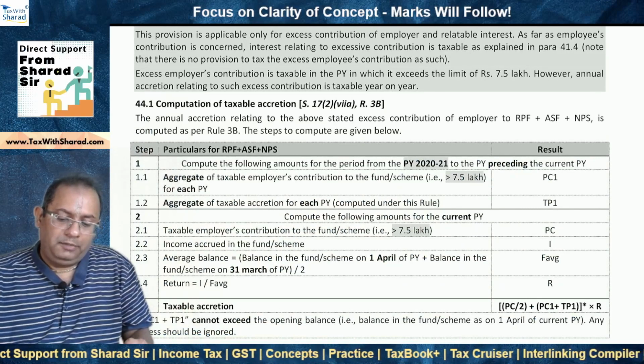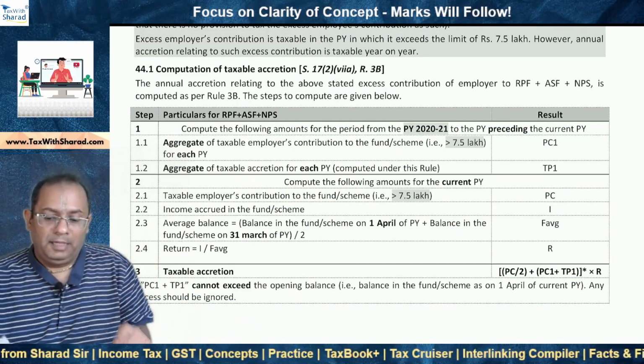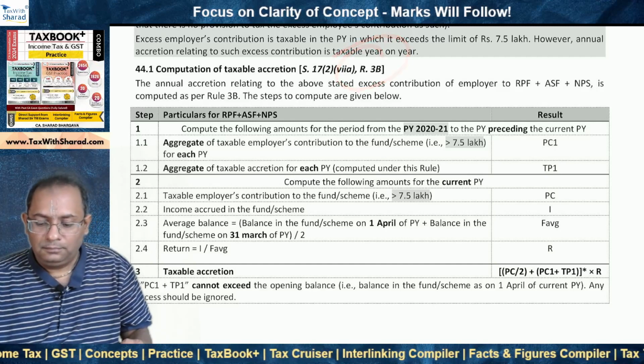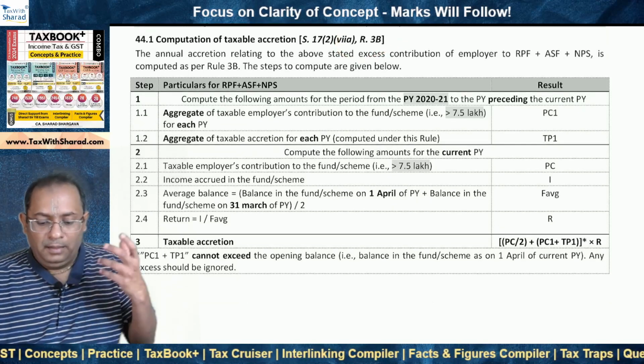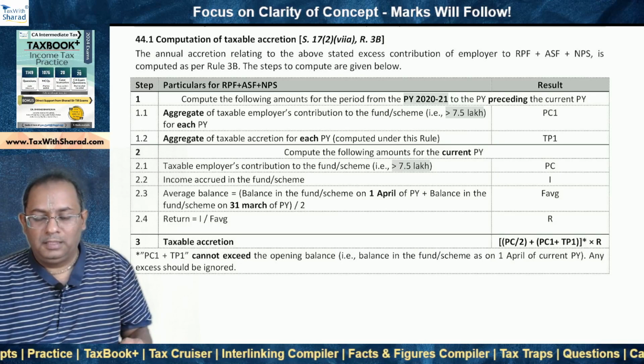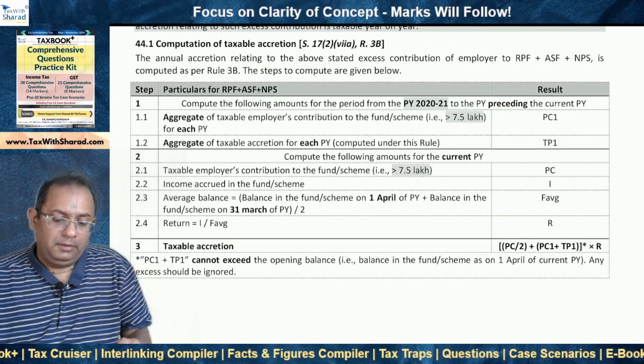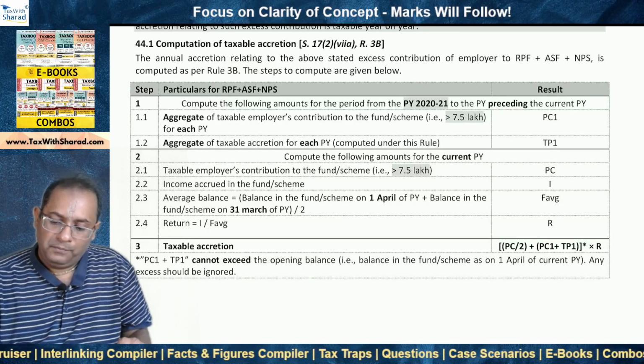Now the computation of taxable accretion. How do we compute taxable accretion? This is provided under Rule 3B, and this mechanism needs to be clear to us. Question may be asked in the exam to compute the amount of taxable accretion. Okay.